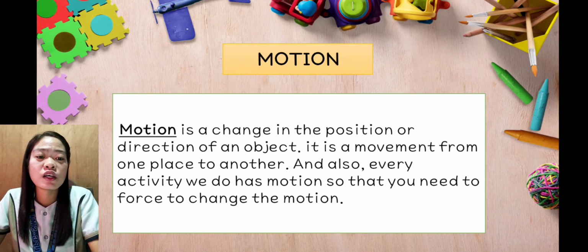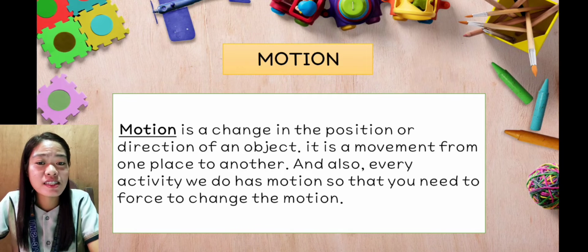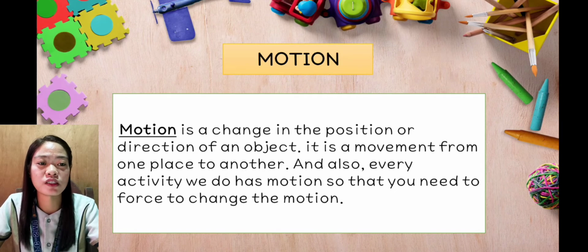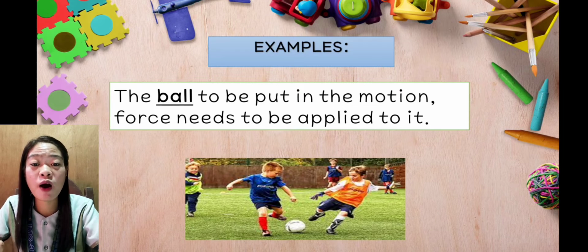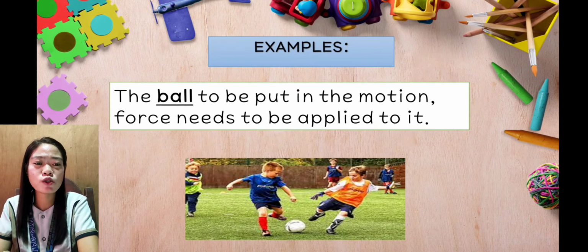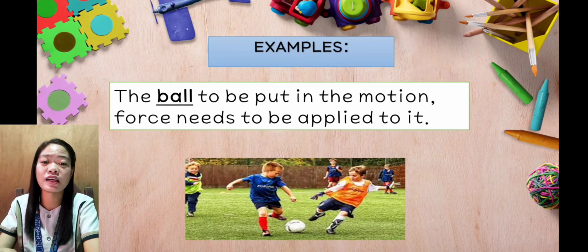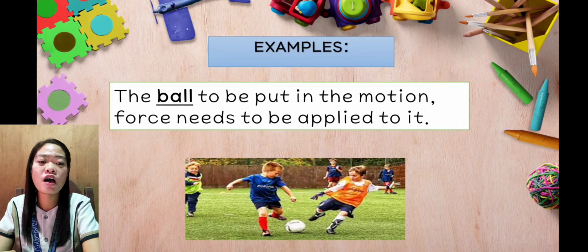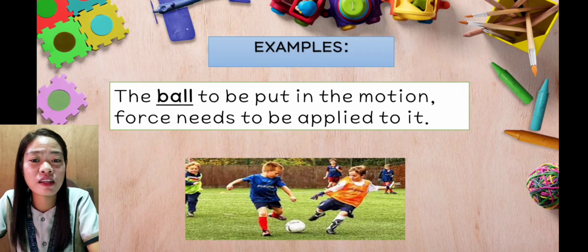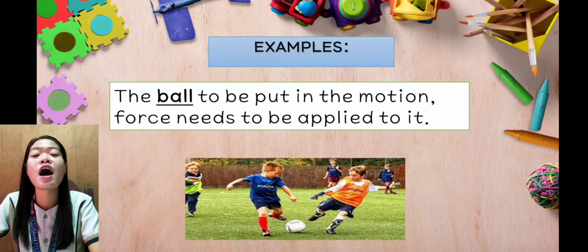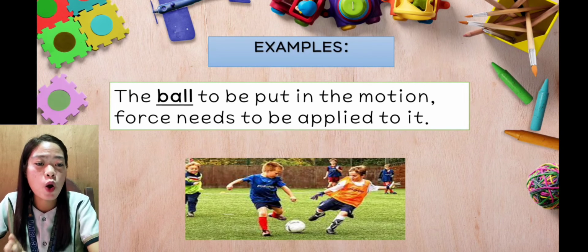So you need force to change the motion. Now, I have here some examples. The ball. To be put in motion, force needs to be applied to it. Let's have some examples of how motion occurs.